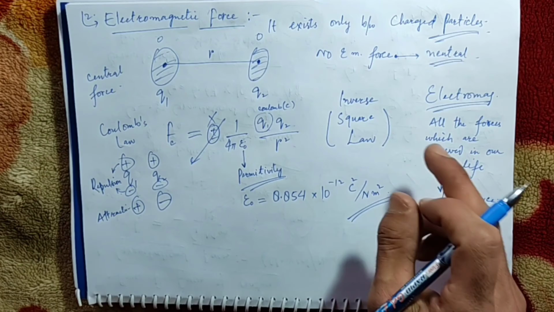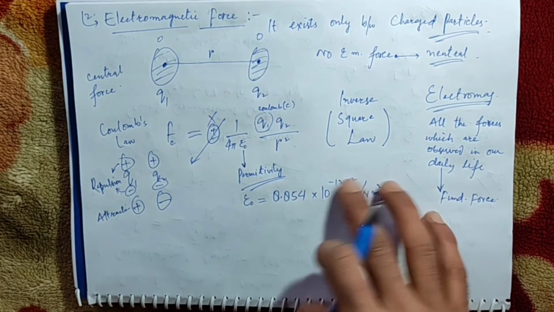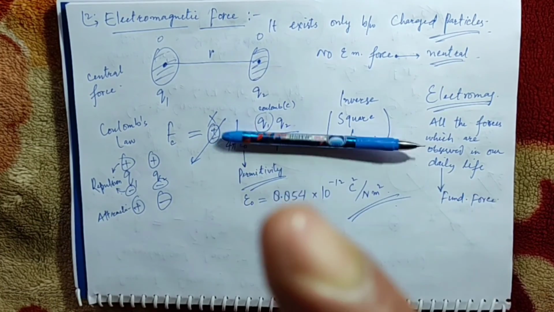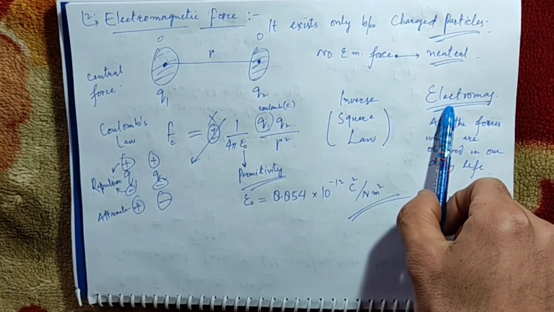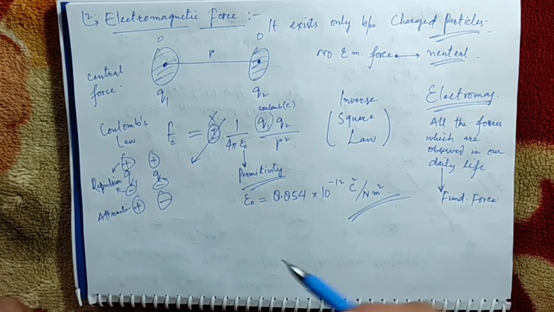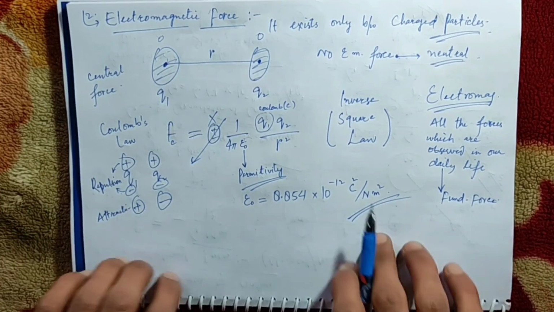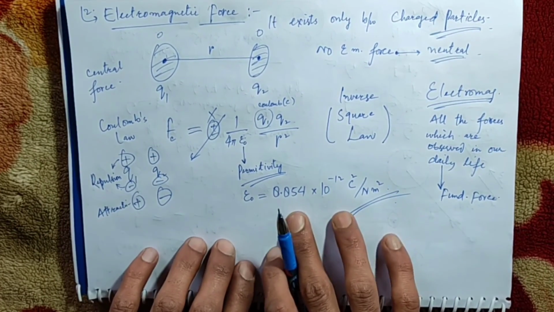So these were the two forces observed in our day-to-day life. Gravity is also observed like this, and electromagnetic force is also observed, like I said, in muscular forces, spring forces, frictional forces, and other such things.